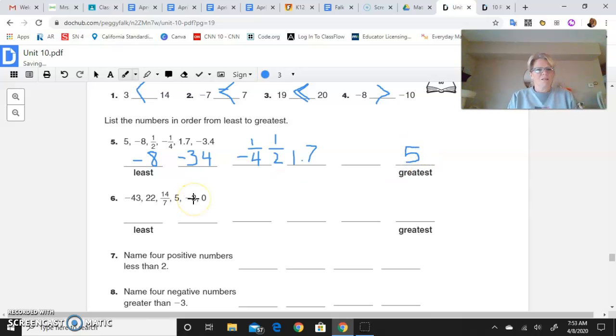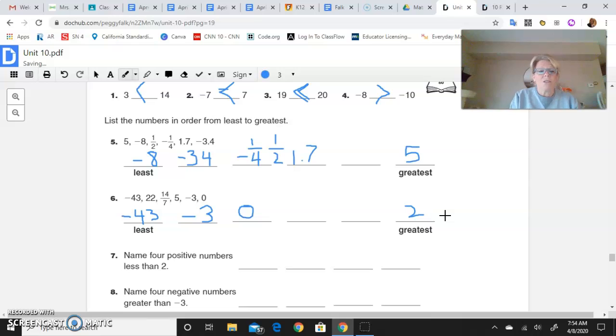Okay. Number 6. My smallest number way down there is negative 43. That'd be a really, really cold day if it was that. My only other negative would be negative 3. Then I'm at 0. Then I have to think, okay, well, I know 22 is my biggest, so I'm just going to put that there.